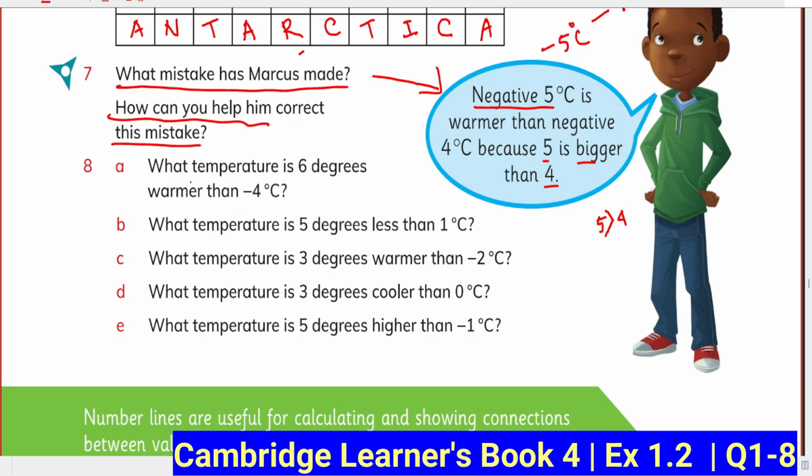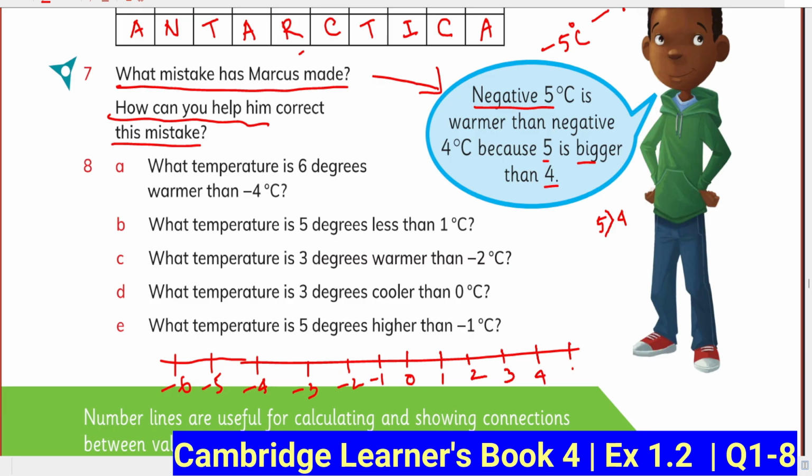Number 8. What temperature is 6 degrees warmer than minus 4? It's warmer, so first we make a straight line. Here is a 0 degree, and then here is a minus 1, then minus 2, minus 3, minus 4. We can make more like minus 5, minus 6, and here is 1, 2, 3, 4, 5, and let's say 6.